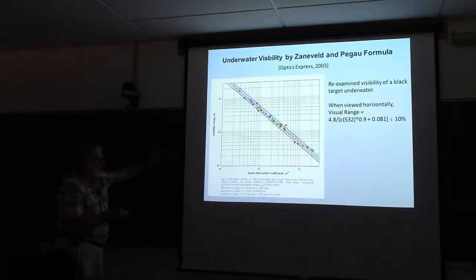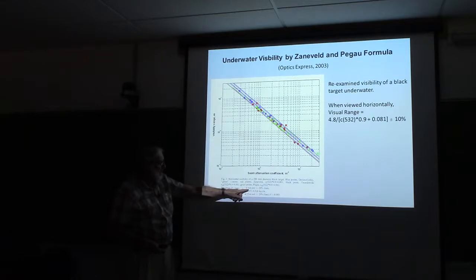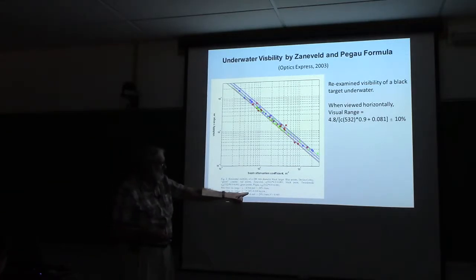It's a 20 centimeter diameter black target, and he's using beam c at 532. That's this formula. He's got one using 4.8 over the photopic beam c, which is the blue lines, and then the green line is another little formula.